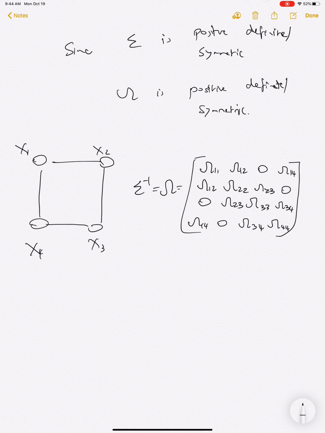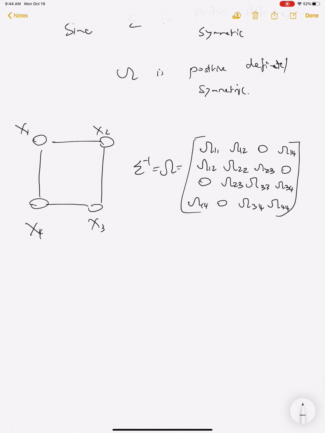So this also provides a way to parameterize the distribution, but through the inverse covariance matrix. And this is for an undirected graph as opposed to what we saw earlier with the directed acyclic graph. And again, this is potentially quite a new concept and maybe difficult to get your head around at the moment.